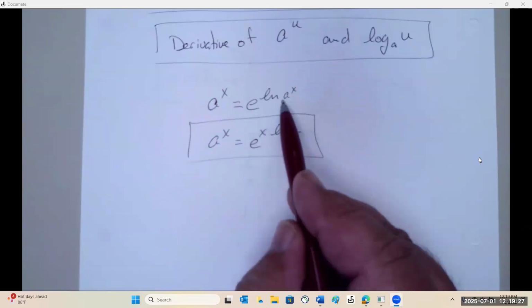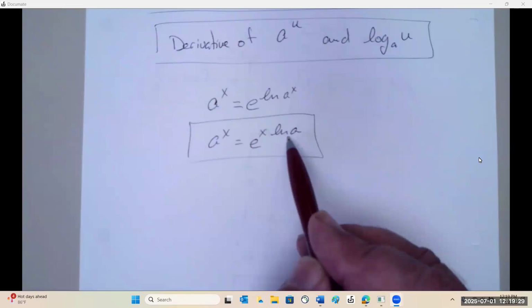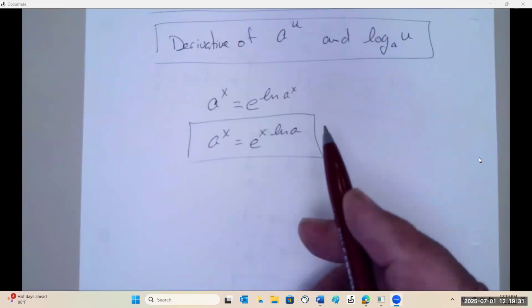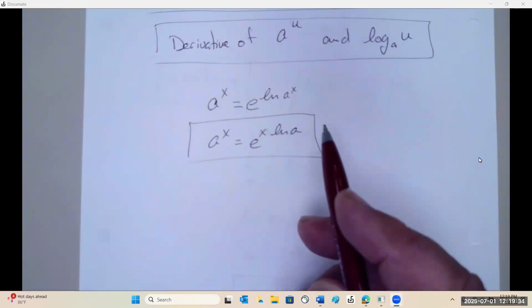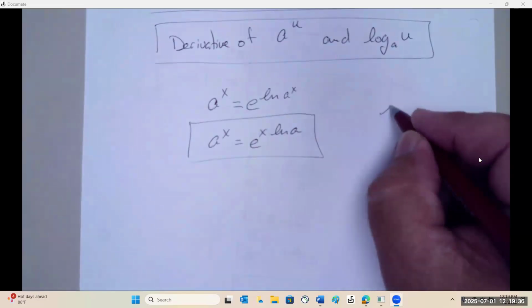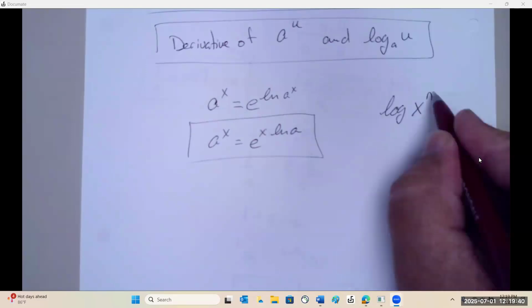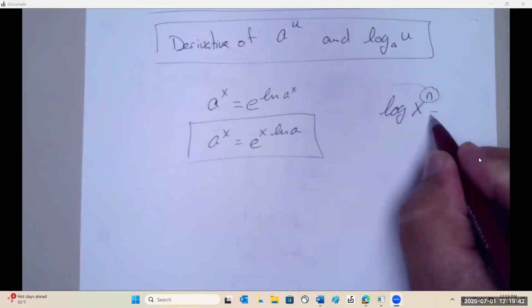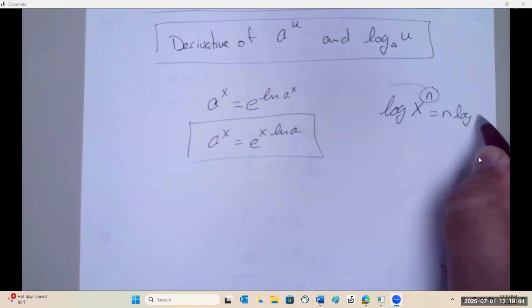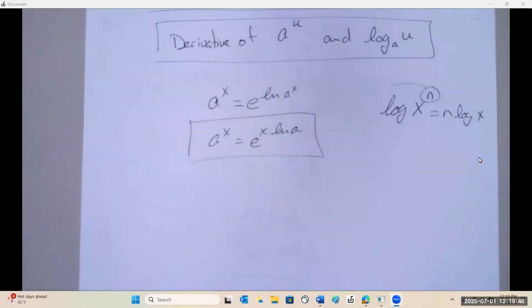How do I go from this to this? Very good. If you have an exponent, it becomes a coefficient. Again, where do we learn this? Algebra. So algebra is going to be the kiss of death for us.